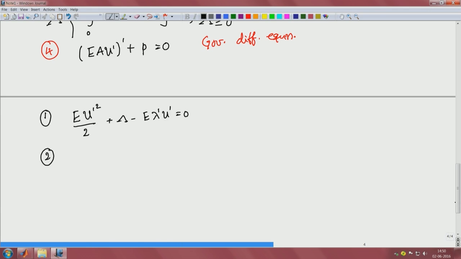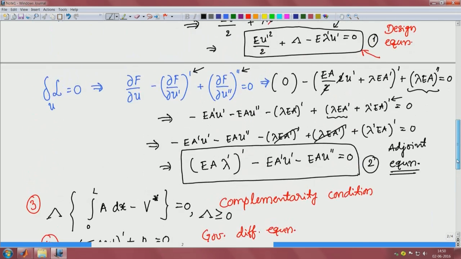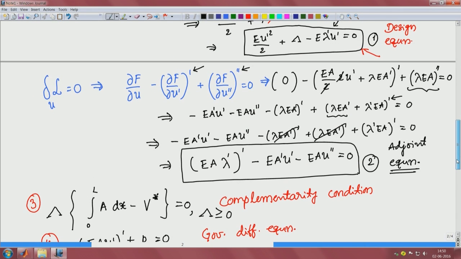Second equation is E a lambda prime whole prime minus E a prime u prime E a u double prime. In fact, if you notice these two terms, I can write it as minus E a u prime prime, because if I expand this, we get E a prime u prime and E a u double prime.